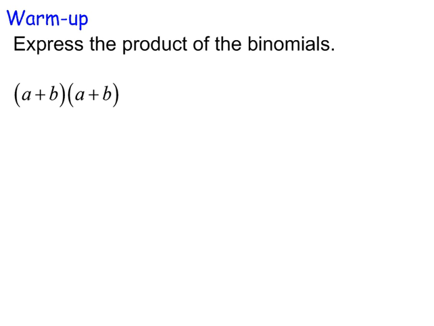Okay, so first, as a warm-up, I want you to express the product of the binomials that we have here, a plus b times a plus b, or a plus b squared. All right, so you're going to FOIL this out. So first, a times a is a squared. Outer, that's a times b.